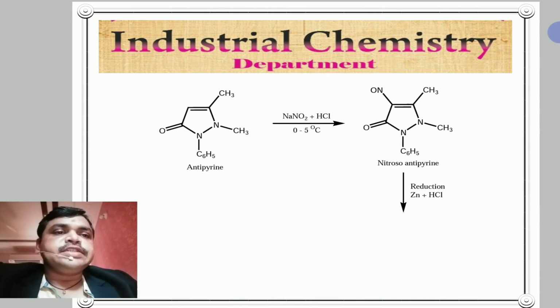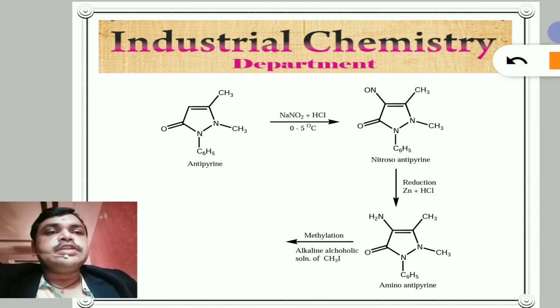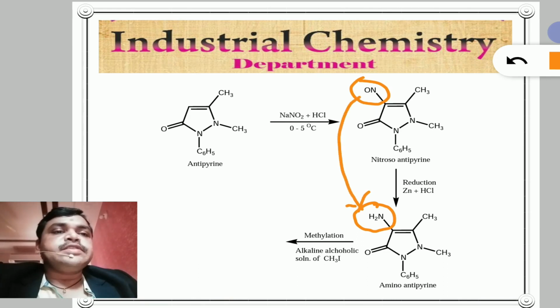This reaction is known as reduction, acid metal reduction. On acid metal reduction, we get the amino compound. Please note that in this reaction, our nitroso group NO is converted into NH2, so it is known as reduction.